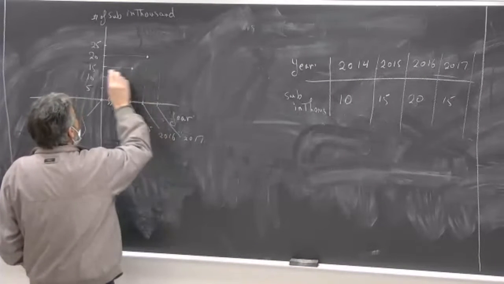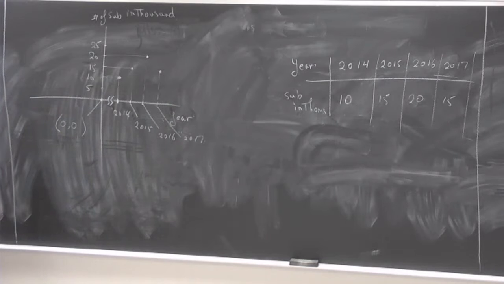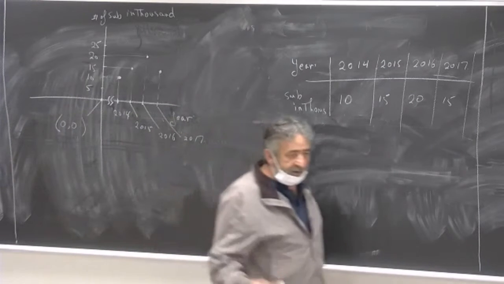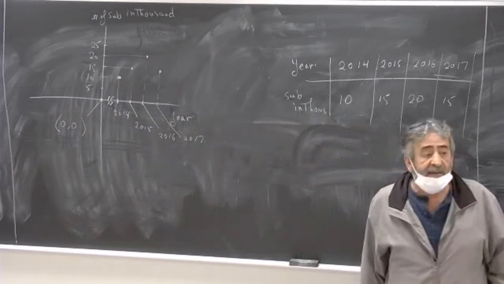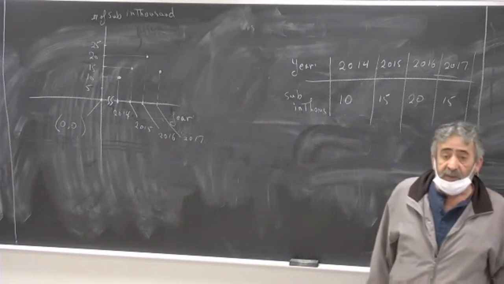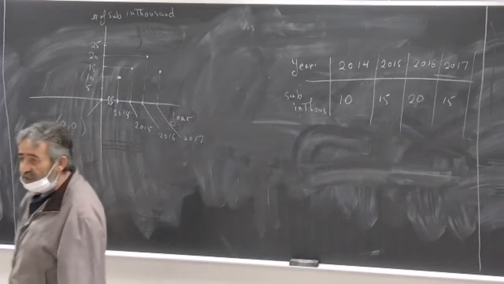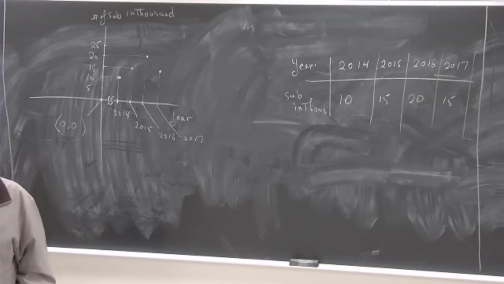And then we can say 2017 and 15. Yeah. So therefore, this is a representation of that. Because it only has dots on it, we call this graph a scatter graph. So that gives me an idea that at every particular instant available, there is a dot in it.